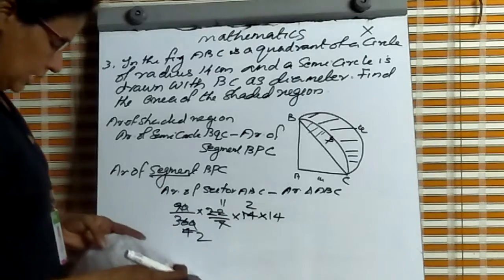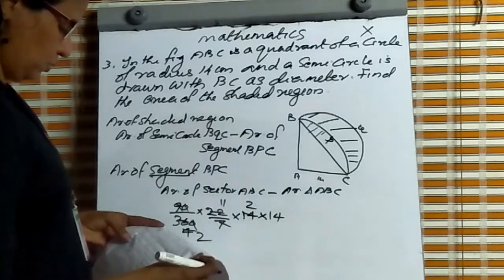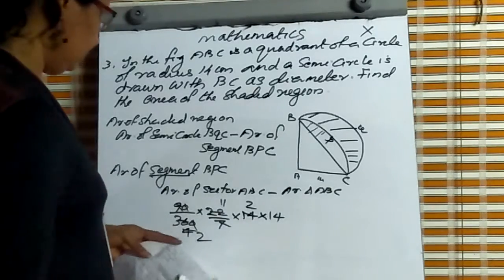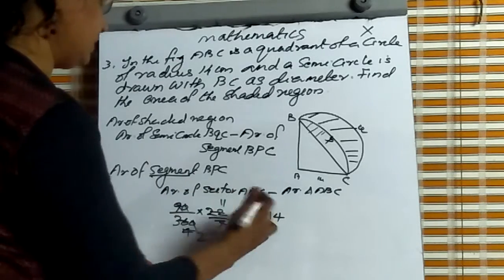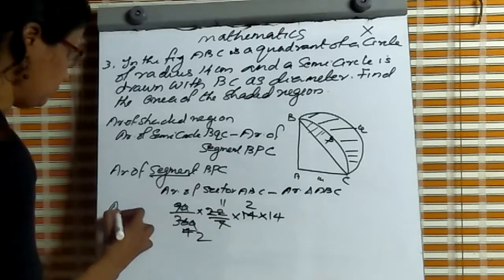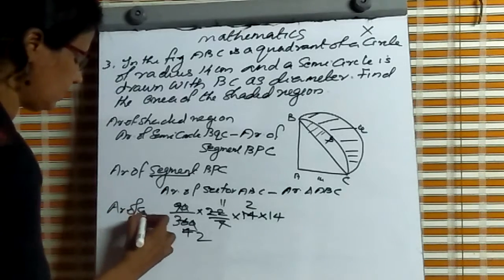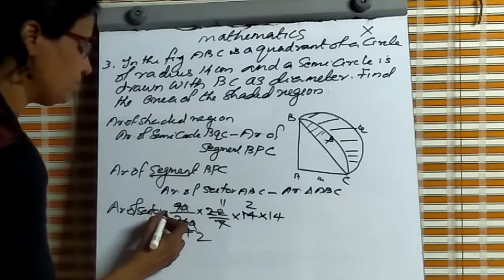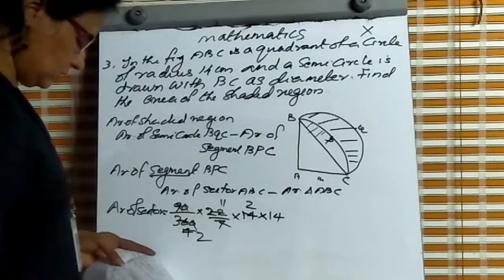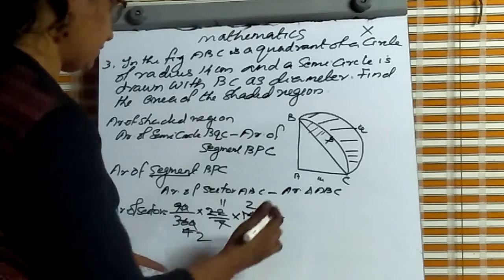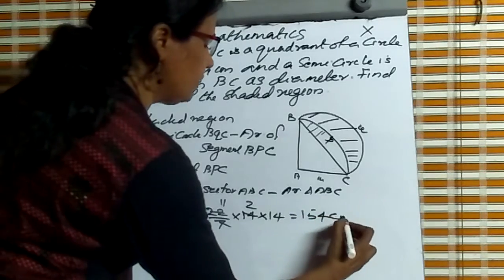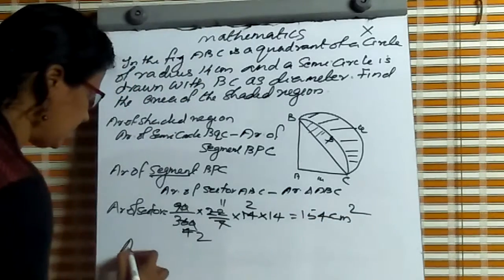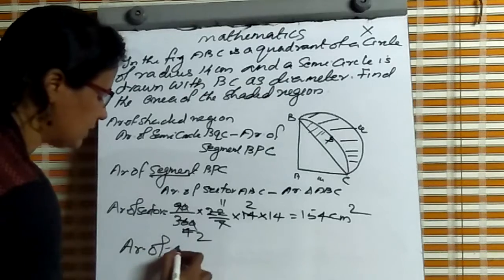So, area of segment BPC: first, area of sector ABC is equal to 90 by 360 into pi r square is equal to 154 centimeter square.